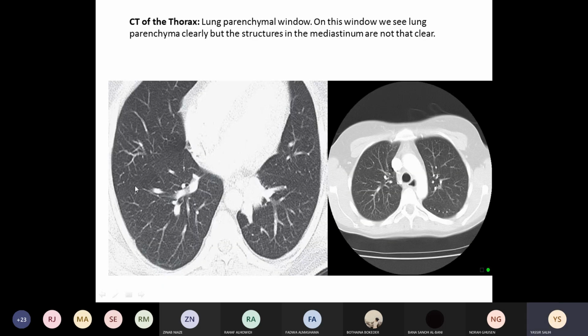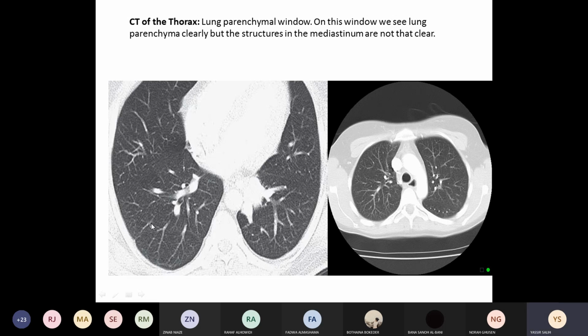This is CT chest or CT thorax of lung parenchymal window. ليش lung parenchyma not mediastinal؟ لاحظوا the details of the lung parenchyma is clearly visible or visualized. On this window we see the lung parenchyma clearly.